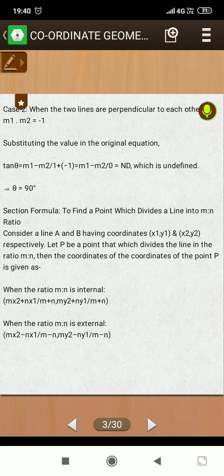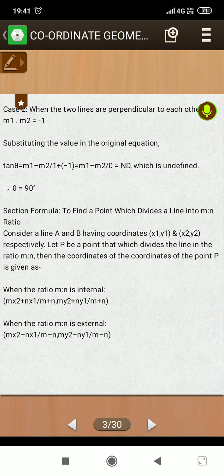Then the coordinates of the point P, when the ratio m is to n is internal, are (mx2 plus nx1) by (m plus n), (my2 plus ny1) by (m plus n). When the ratio m is to n is external, they are (mx2 minus nx1) by (m minus n), comma (my2 minus ny1) by (m minus n).